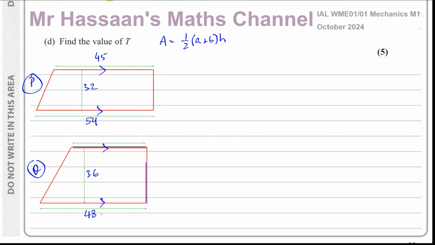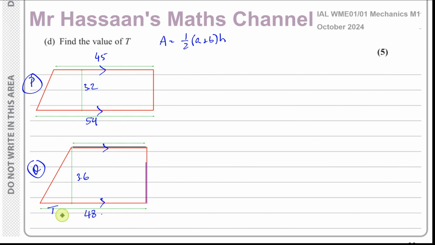And what we know is, and let me just move this here to make it clear, that I'm just putting it there so that we can see that this is t. This is the time that it takes to accelerate. That's what t is. And we need to find the value of t.